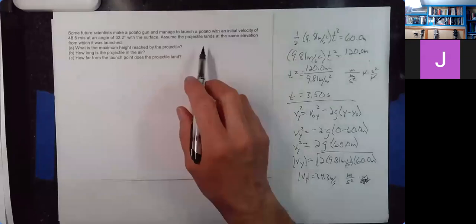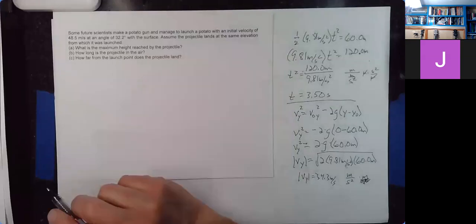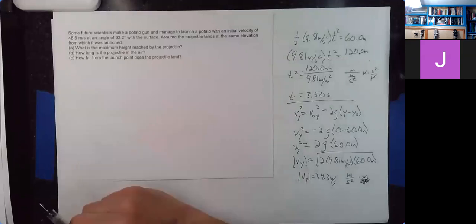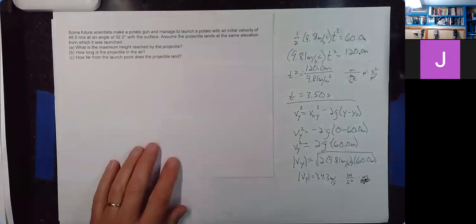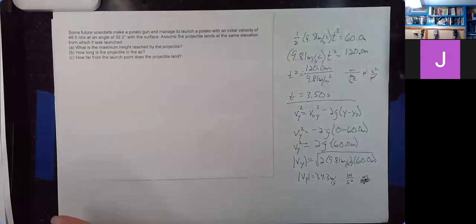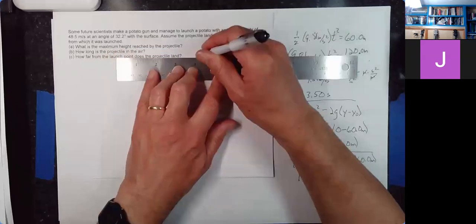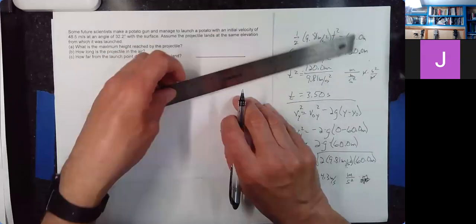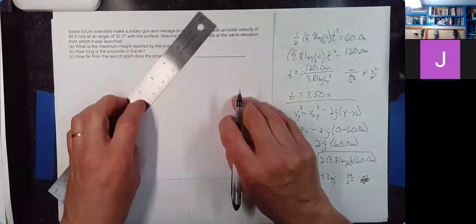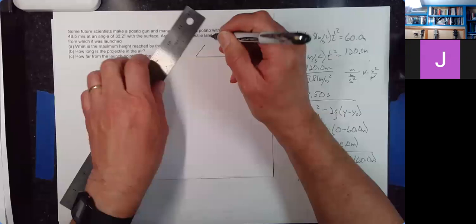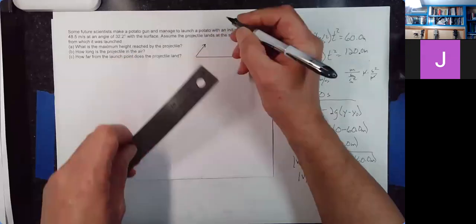Assume it lands at the same elevation from which it was launched. What is the maximum height reached by the projectile? Okay, this is more of a typical projectile motion problem, and I'll just make a little sketch of the launching here. So there's the ground level that it's launched from, and I'll draw an arrow that represents the initial velocity.